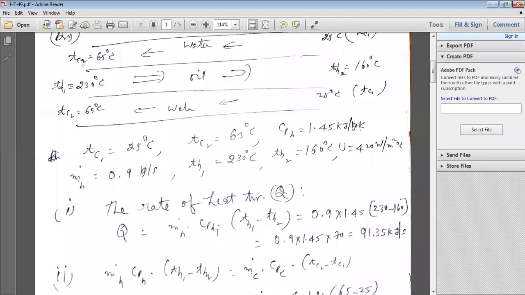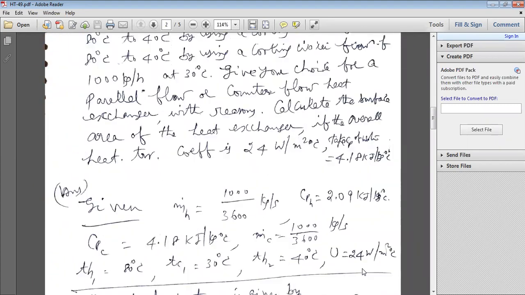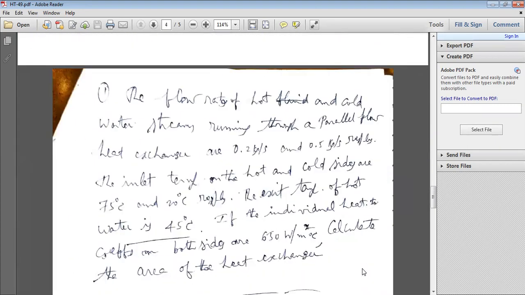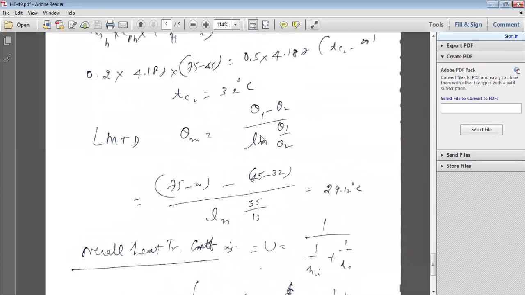The heat supplied by the hot fluid is equal to the heat gained by the cold fluid, the energy balance equation. The basic concepts are very important, and if you know them thoroughly, you can easily solve for the surface area as well as any other requirement.